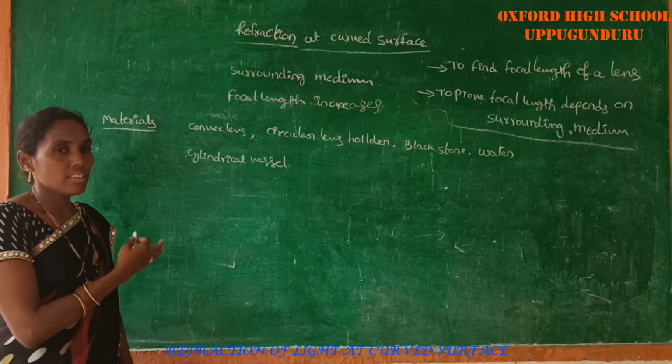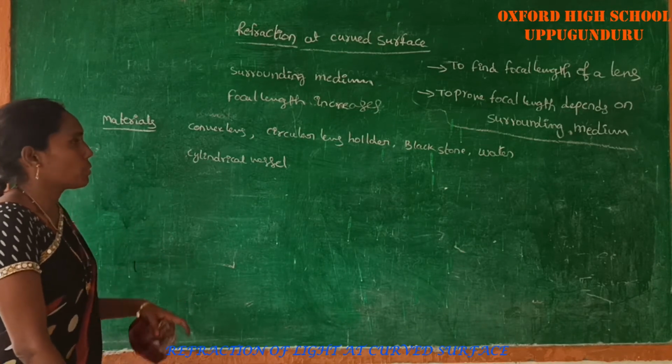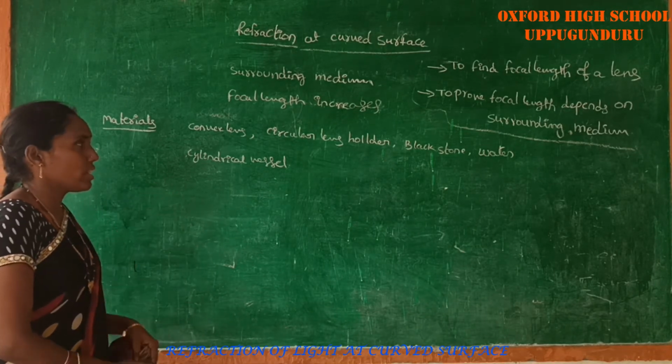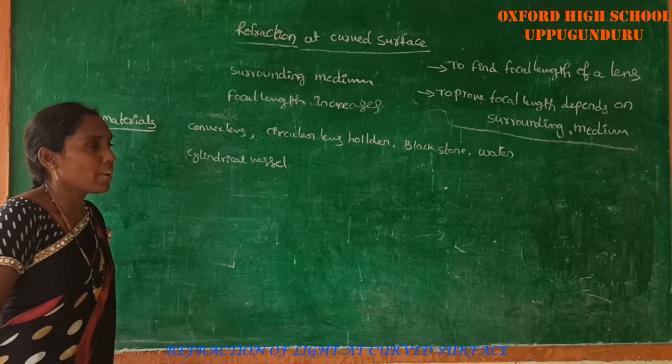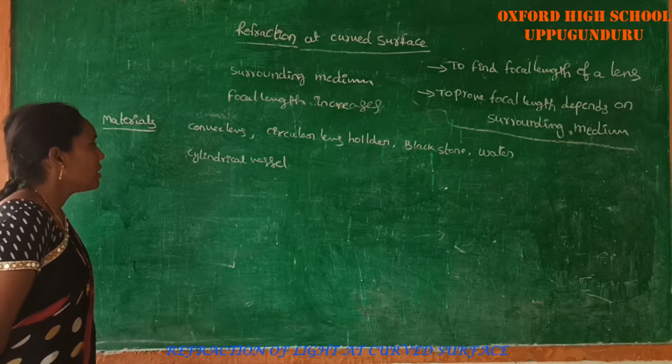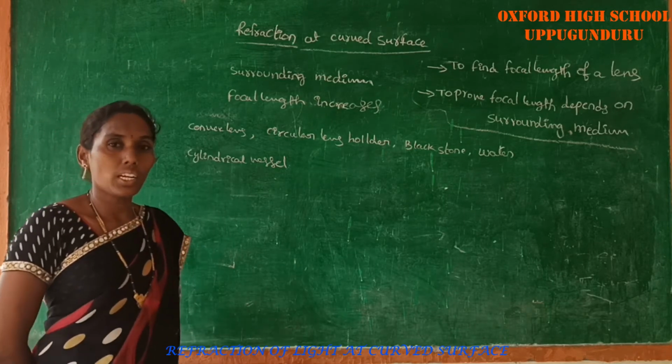These are the required materials for this experiment. The first one is the convex lens, the second is the circular lens holder, the third is the black stone, the fourth is water, and the fifth is the cylindrical vessel.